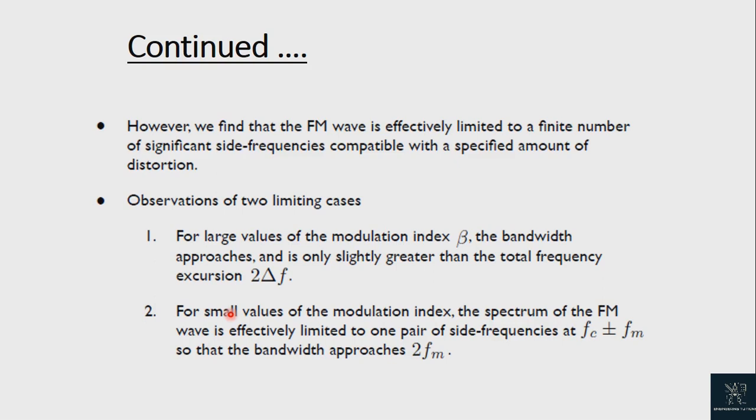Observation of two limiting cases: for large values of the modulation index beta, the bandwidth approaches, and is only slightly greater than, the total frequency excursion, twice delta f. And for small values of the modulation index, the spectrum of the FM wave is effectively limited to one pair of side frequencies at f_c plus minus f_m, so that the bandwidth approaches twice f_m.